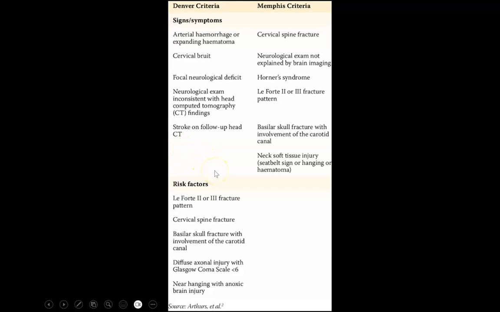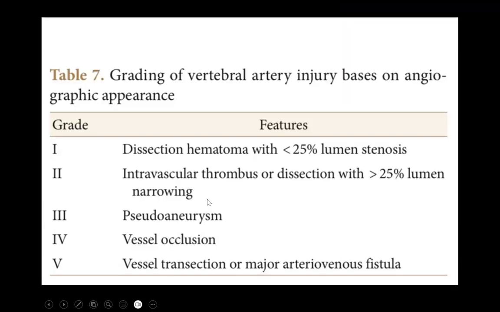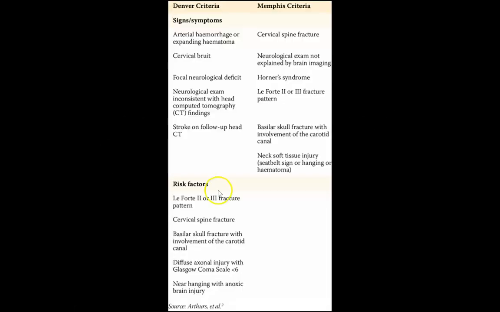So should I do CT angiography in every case of cervical injury? No, but I should do it if there is a hemorrhage or expanding hematoma, cervical bruit, focal deficit, a stroke that is evolving, severe facial fractures, cervical spine fractures.